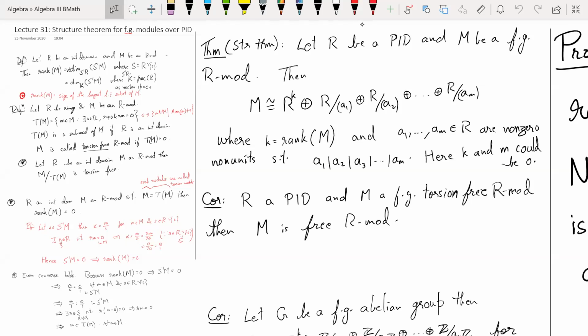So anyway, if the confusion is about the rank, there you can replace the word rank by length of a basis. So what you have to show is that if you have a finitely generated free module, then the lengths of any two bases have to be the same.